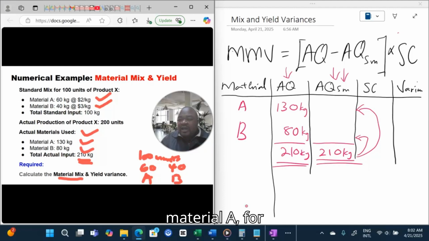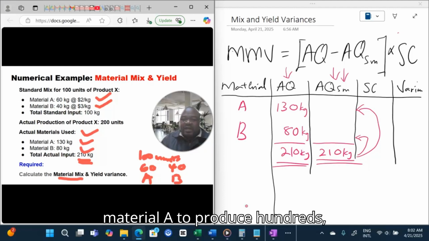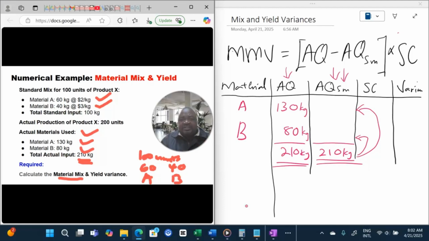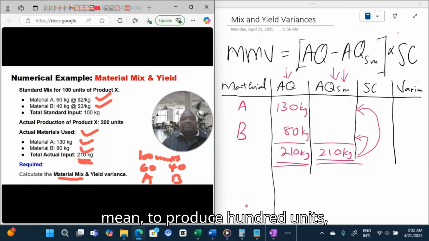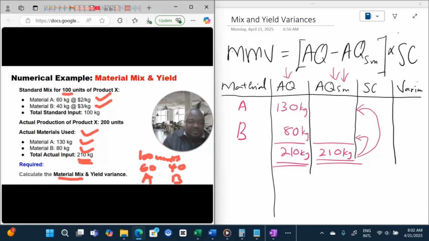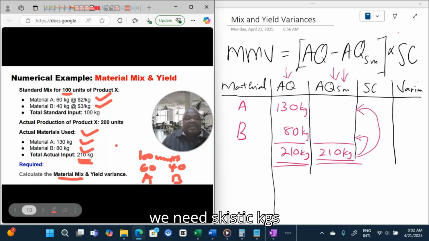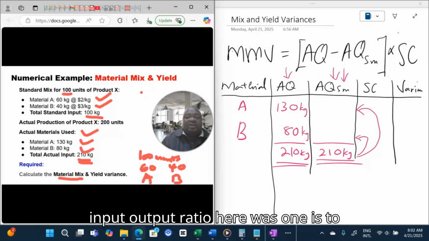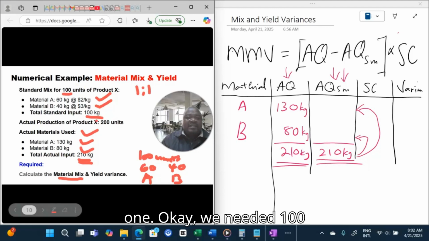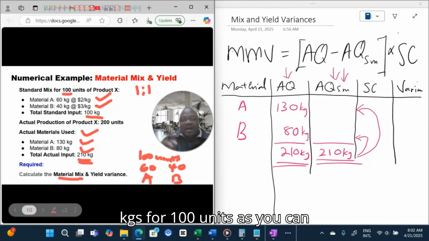For material A, to produce 100 units, we need 60 kgs of the 100 kgs input. Remember, the input output ratio here was 1:1. We needed 100 kgs for 100 units.